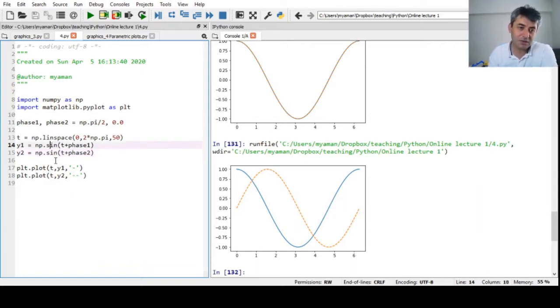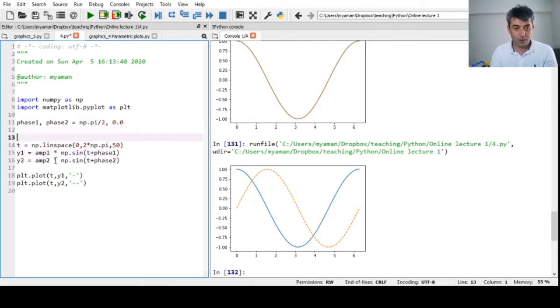Now let's discuss the amplitudes. Amplitude 1, this time I write the amplitude outside the functions, amplitude 2, and amp1, amp2. Let's say the first function has amplitude 2.0 and the next one is 1.0. So let's run.